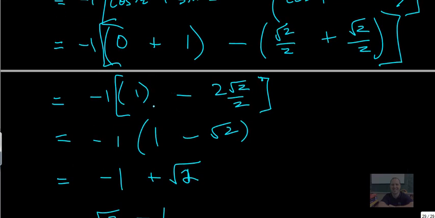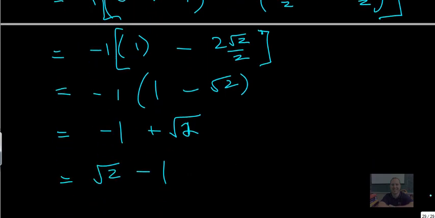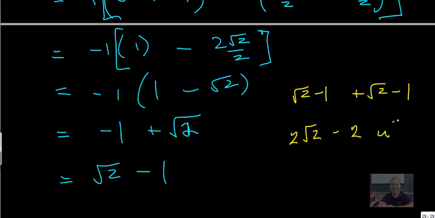And if you follow it all the way through, you end up getting root 2 minus 1 as your area, which is the same as the original area. And so we have root 2 minus 1 plus root 2 minus 1, and you get 2 root 2 minus 2 units squared.